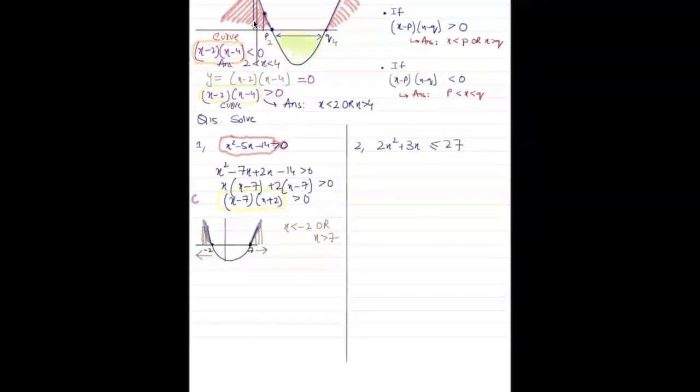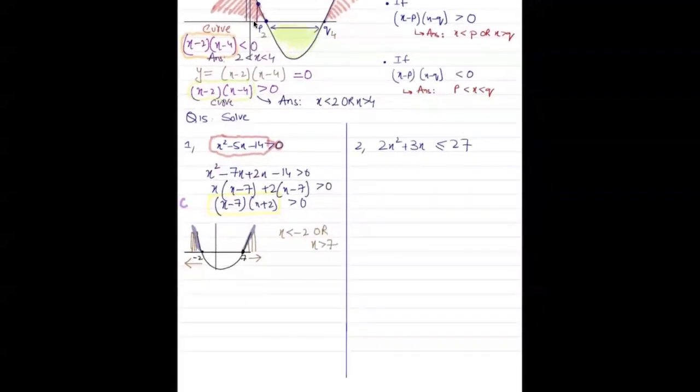Sir, would x less than -2 mean -1, 0 can also be included? No, not -1. X less than -2 means you need to go below -2, which is -3, -4, -2.5. Or it can be x greater than 7.